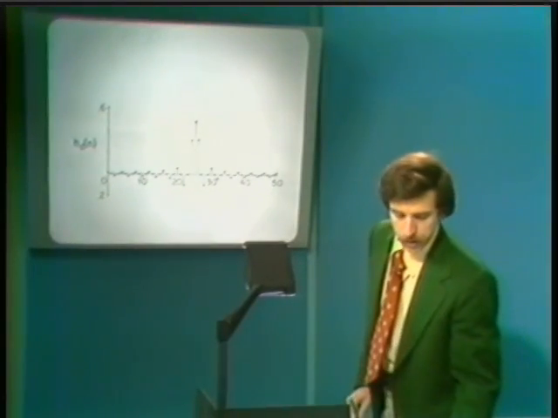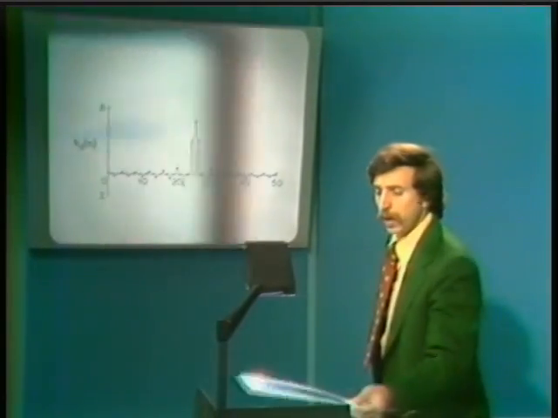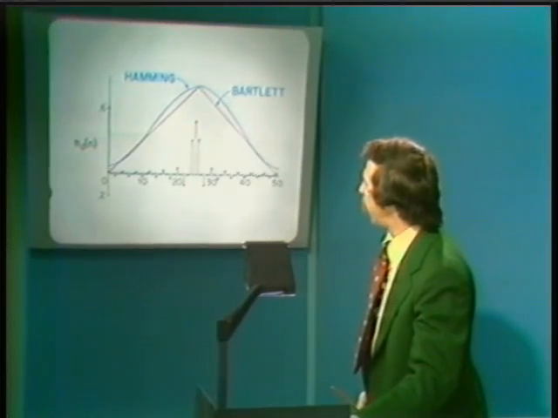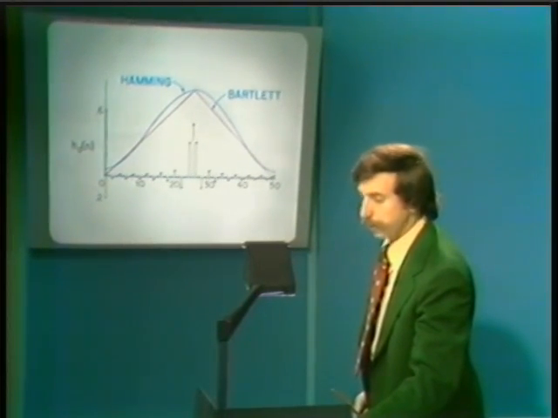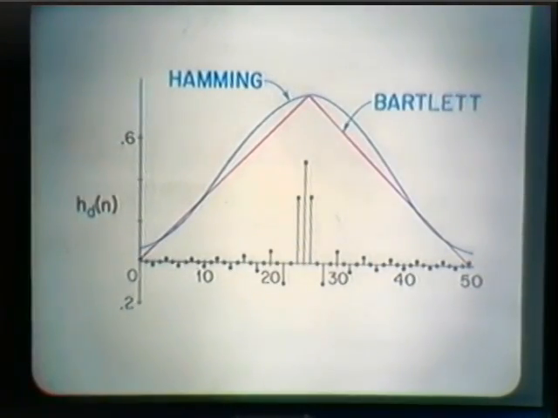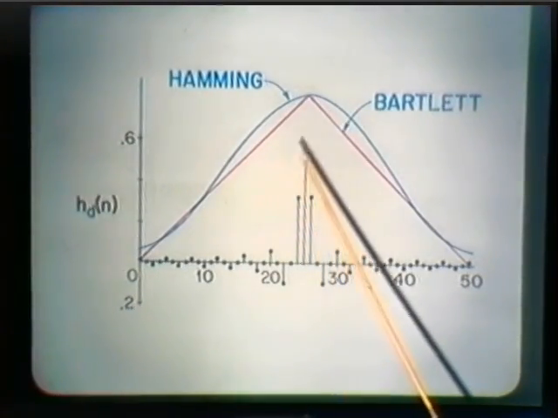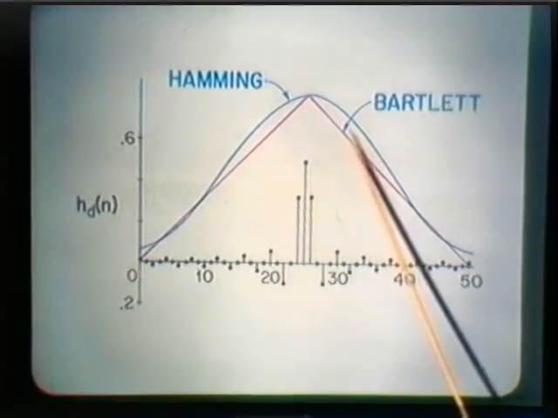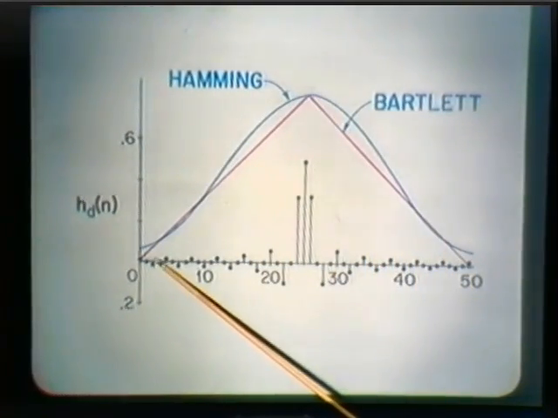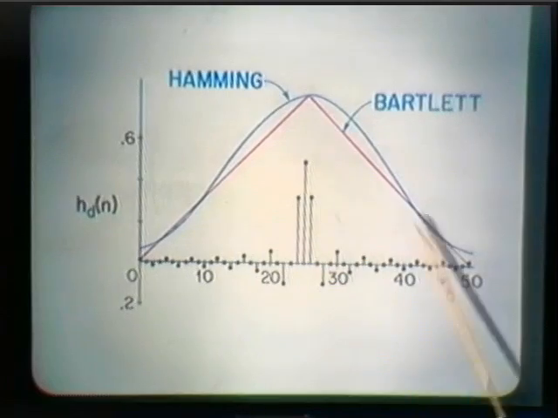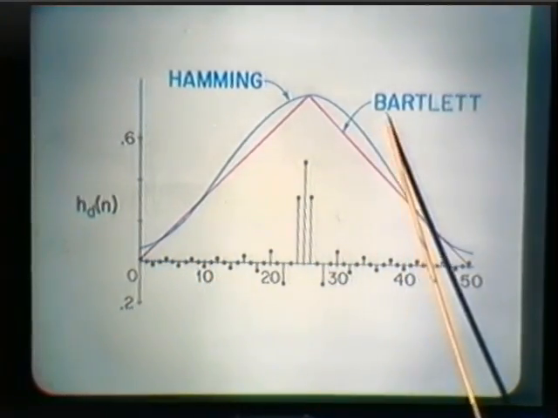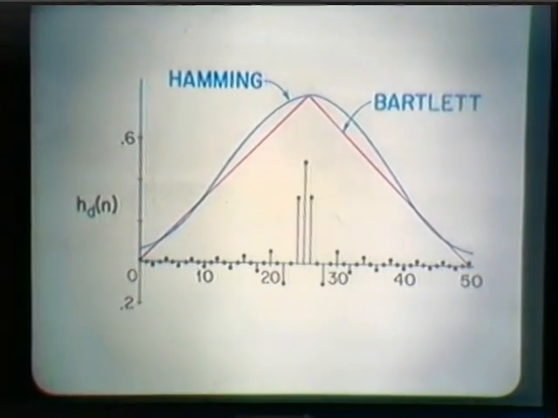There are other possible choices for windows. In particular, two other choices that I'd like to mention are what are referred to as the Hamming window and the Bartlett window. As opposed to the rectangular window, the Bartlett window is a triangular window which has the effect basically of making the transition at the ends of the unit sample response less abrupt than they are in the case of a rectangular window.